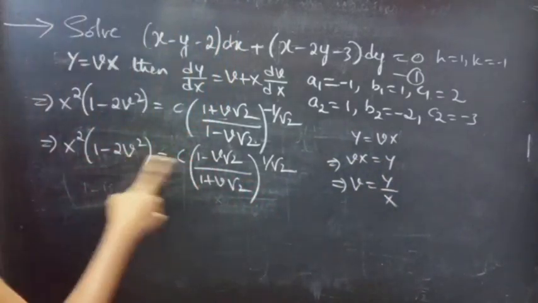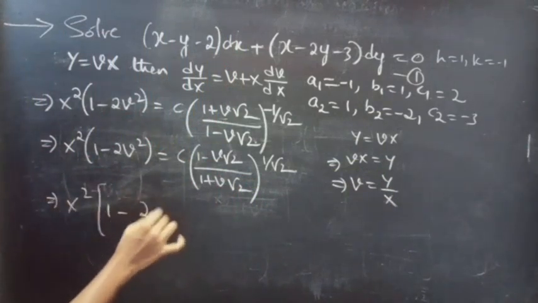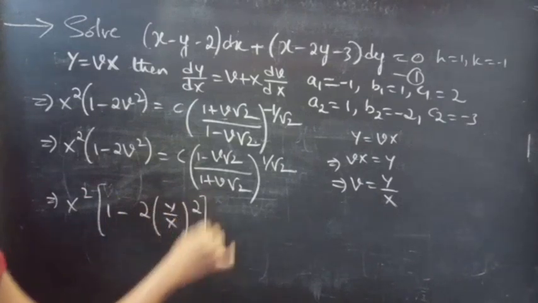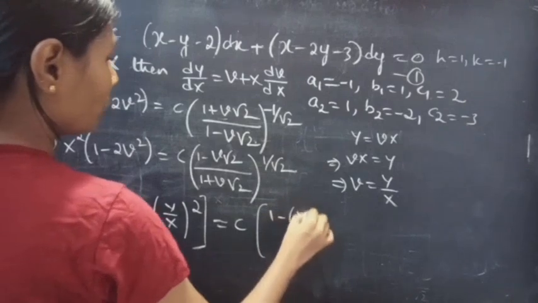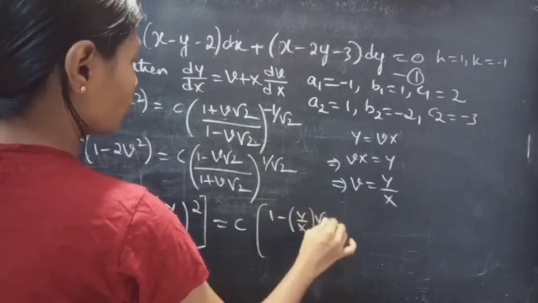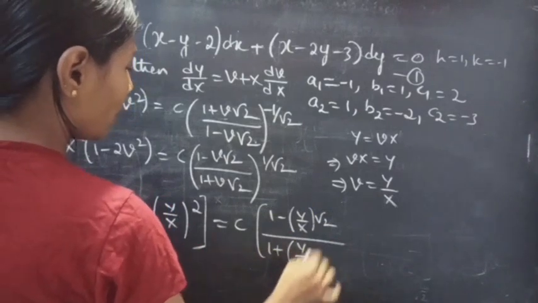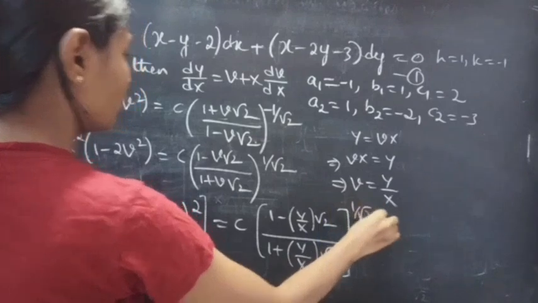Now replace v by y by x, and this becomes x square into (1 minus 2 (y by x) whole square) equals c into ((1 minus y by x into root 2)/(1 plus y by x into root 2)) power 1 by root 2.